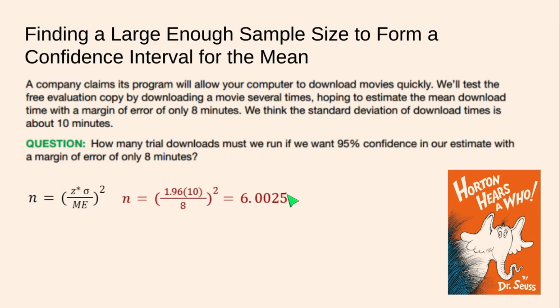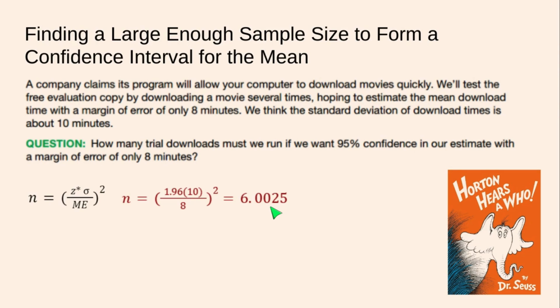This is the minimum sample size that I would need if I want this much confidence and that much of a margin of error. If I go below this, I am sacrificing the quality of my confidence interval. I need to round up, even though my decimal is basically 0 after that 6.